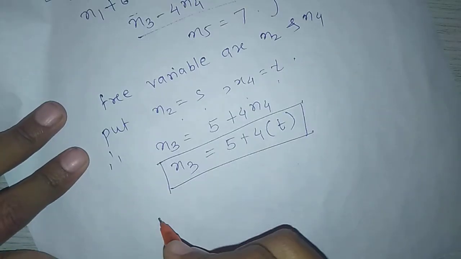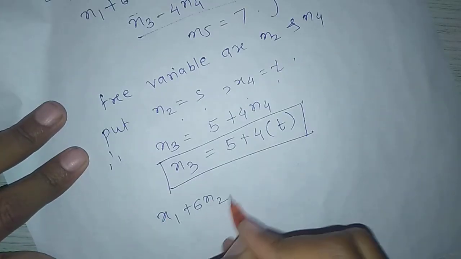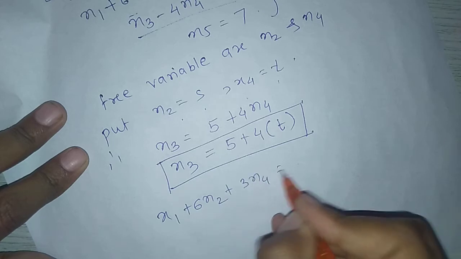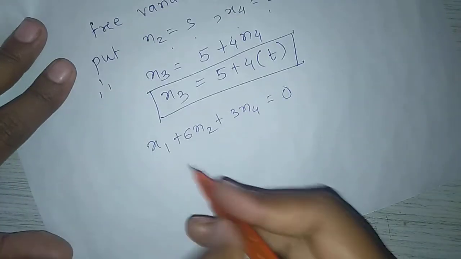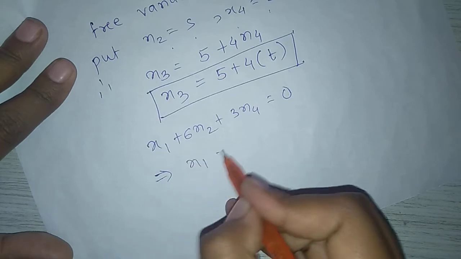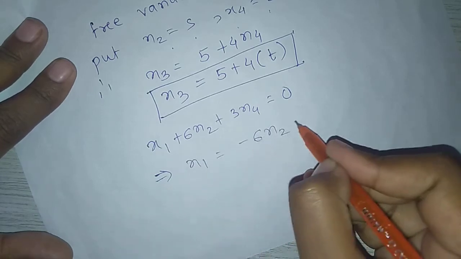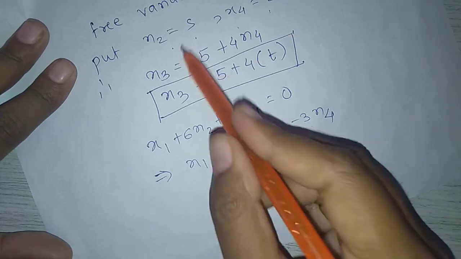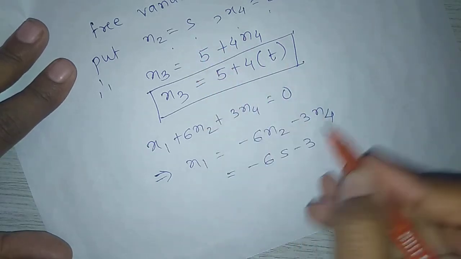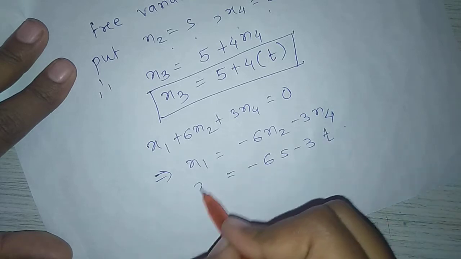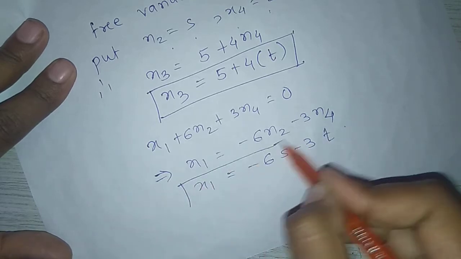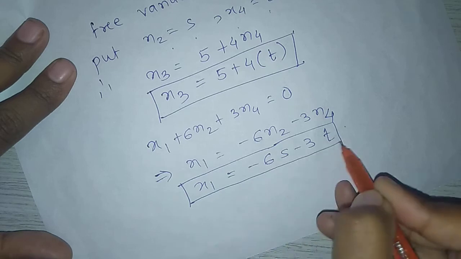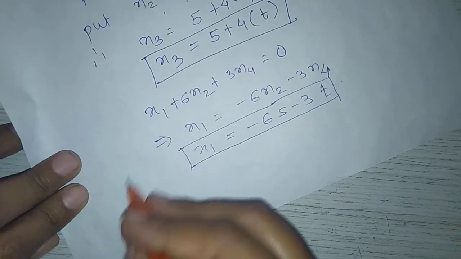Next, x1 plus 6x2 plus 3x4 equal to 0 by this equation, which implies x1 equal to minus 6x2 minus 3x4, equal to minus 6s minus 3t. We get x1 equal to minus 6s minus 3t.